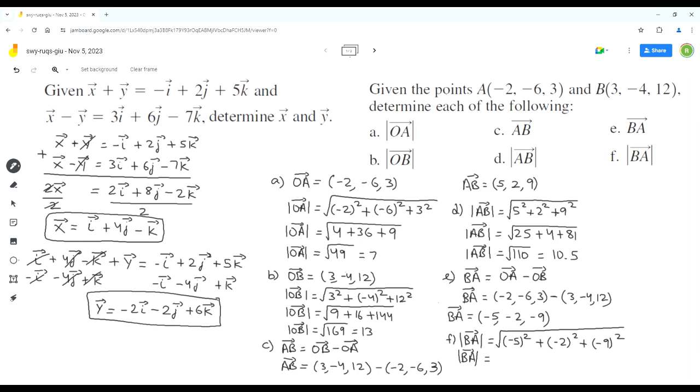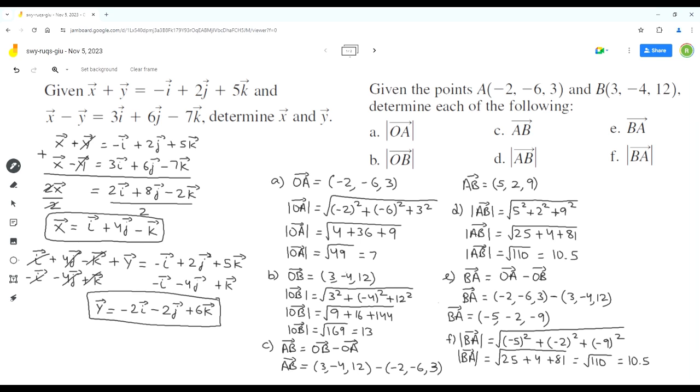The negative 5 squared is 25, negative 2 squared is 4, negative 9 squared is 81. And their sum is equal to 110, and the square root of 110 is almost 10.5. So this should be the final answer for part F.